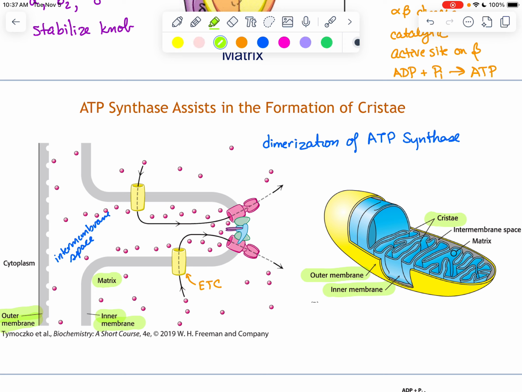And all of these little pink circles are showing protons, right? So we're pumping the protons into that intermembrane space. And what we need is a proton gradient. We need to have a different concentration of protons in the intermembrane space than we have in the matrix.